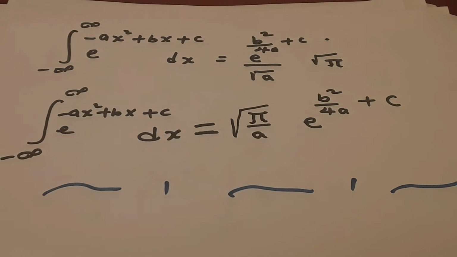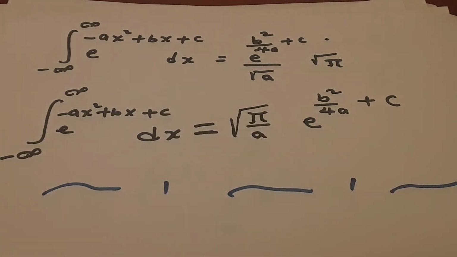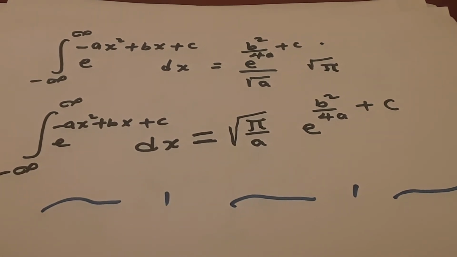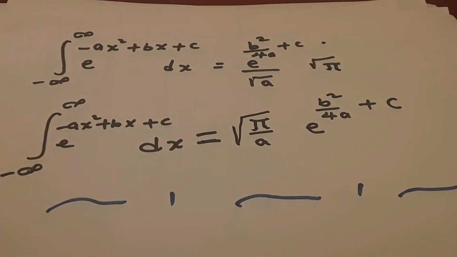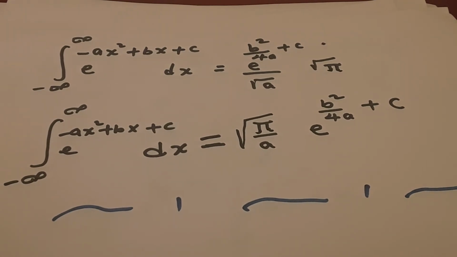This is the general formula for an arbitrary Gaussian function, any exponential function with a quadratic form. For this we use the complete square method. It's a really interesting case in finding integrals of similar functions in such form.